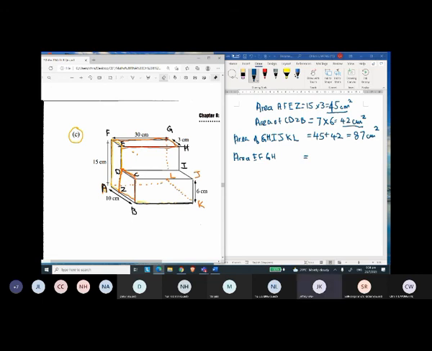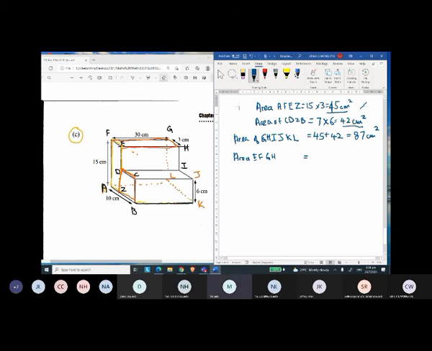Okay, now I say again, I want you to start all over again. Can you see that AFEZ is the orange one? AFEZ is actually this one, the first one.